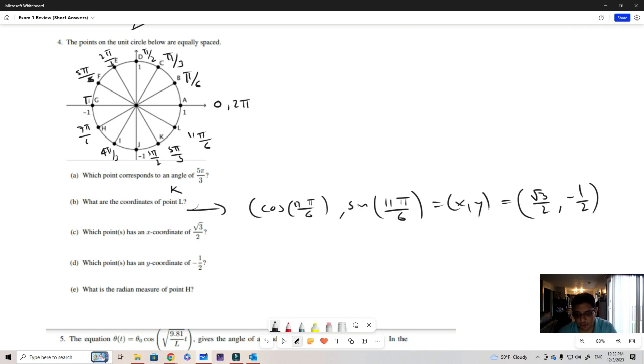Now we want to know at which point we have an x coordinate of square root of 3 over 2. Notice that we already have one of those.